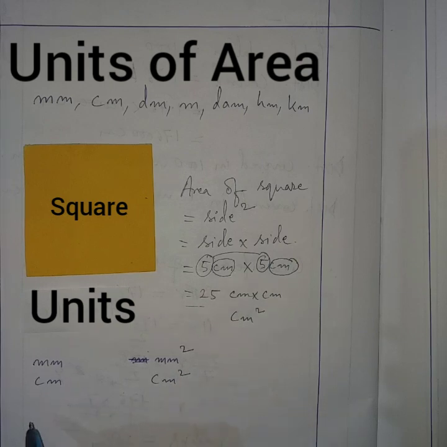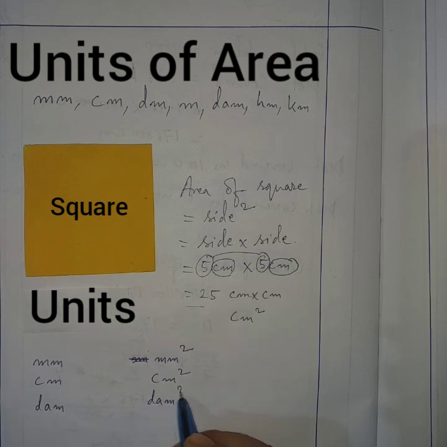If the lengths are given in decameter, then it will be decameter square. And this 1 decameter square is also called 1 are.